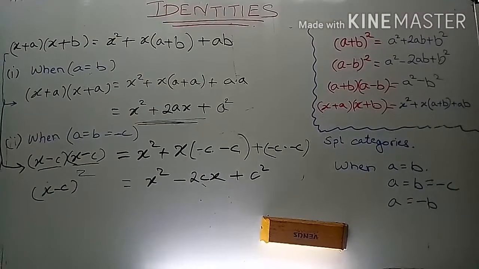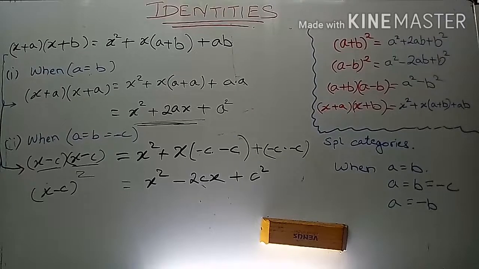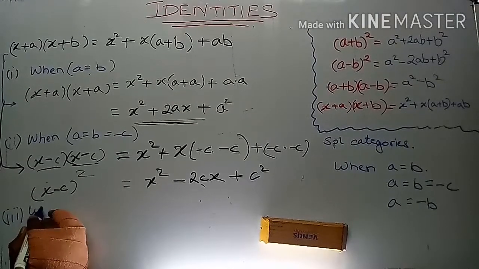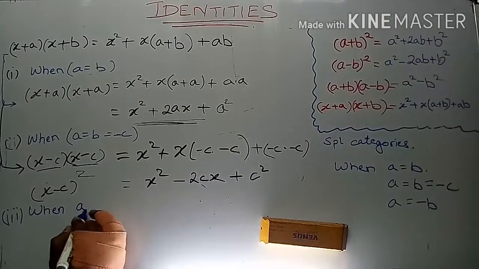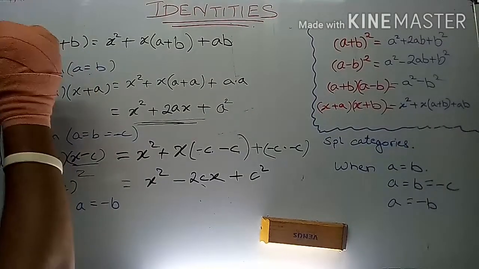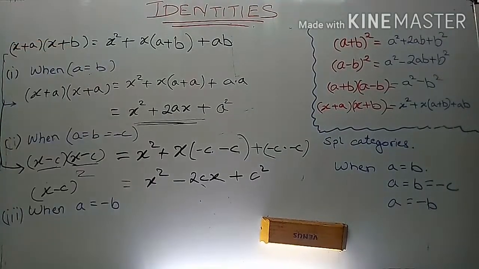Let's look at the third category where a is equal to minus b. So when a is substituted as minus b in this formula, wherever a is there, I'll write it as minus b.